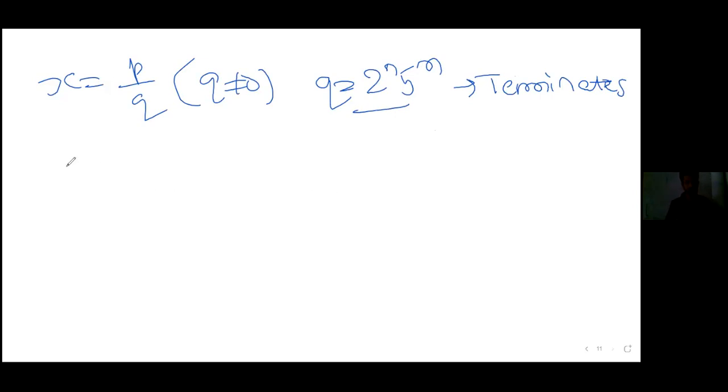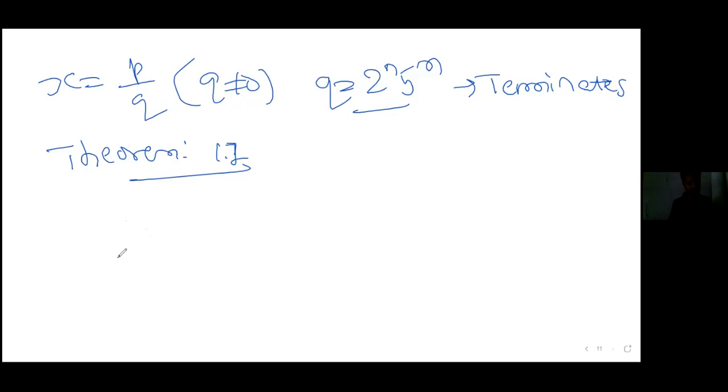Also, there is theorem 1.7 that says let x is equal to p by q, where p and q are co-prime, be a rational number, such that the prime factorization of q is not of the form 2 to the power n into 5 to the power m, where n and m are non-negative integers.